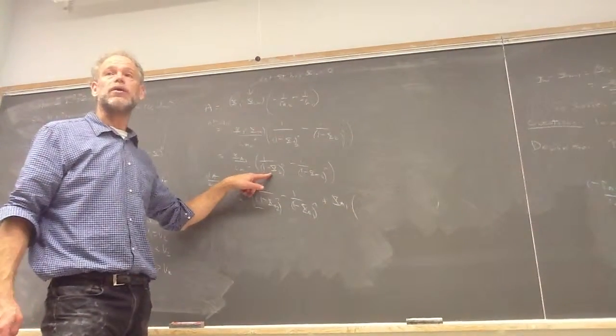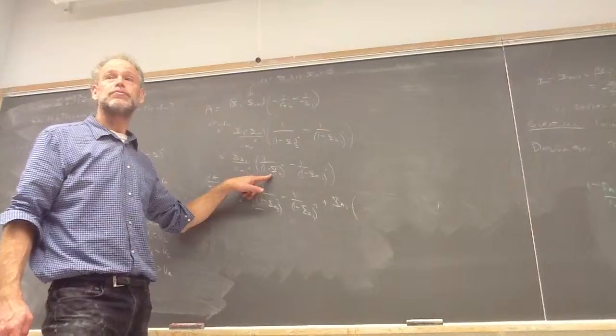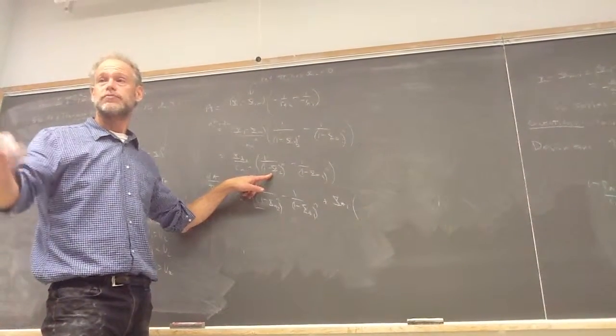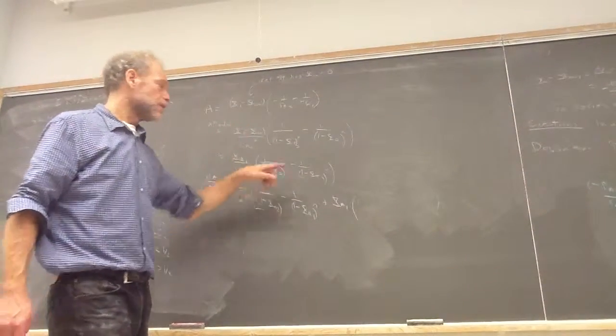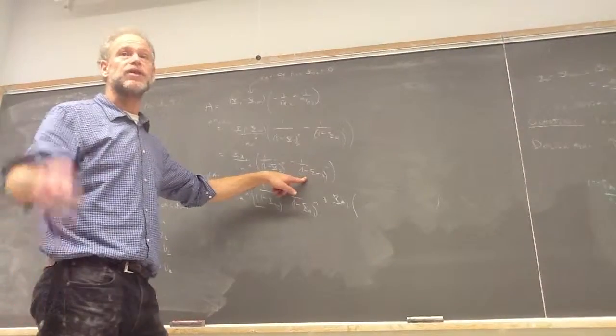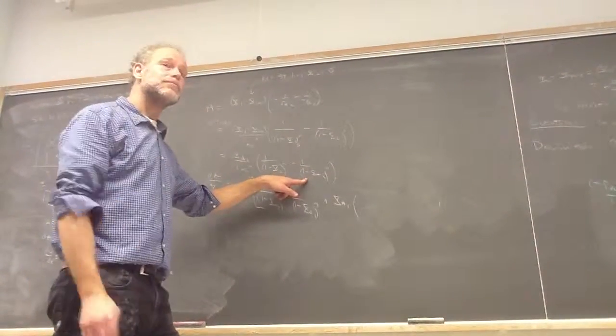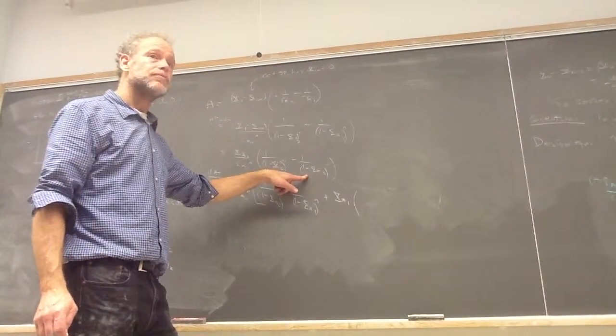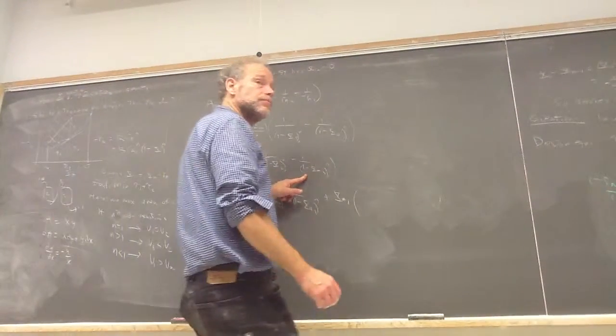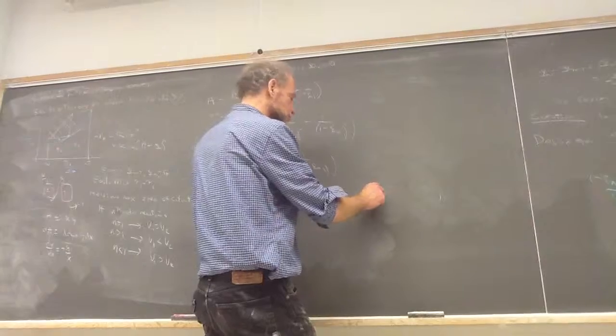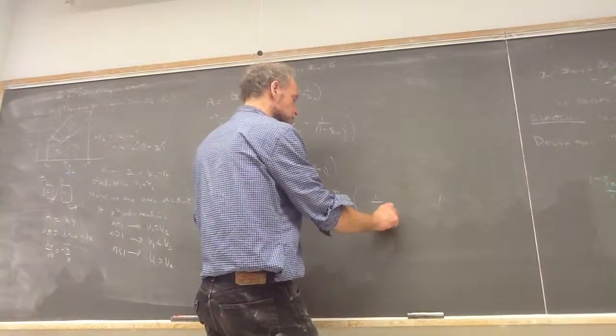What's d/dxa1 of this? 0. Okay, then I have d/dxa1 of this, 1 over 1 minus xa1.